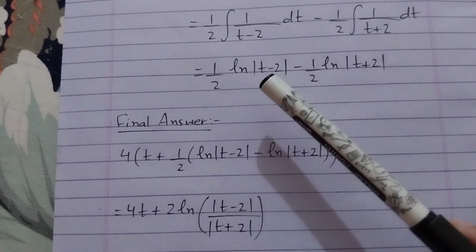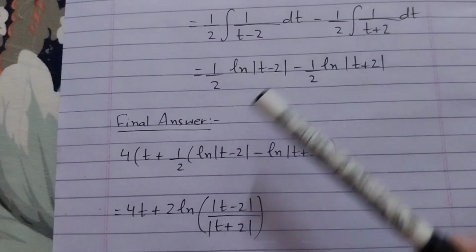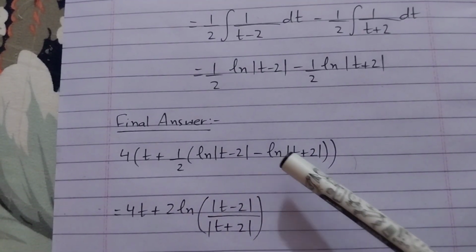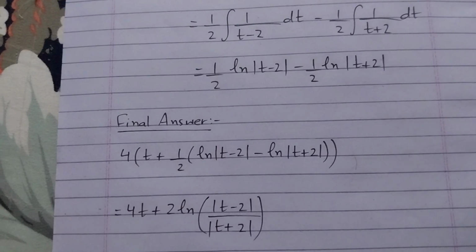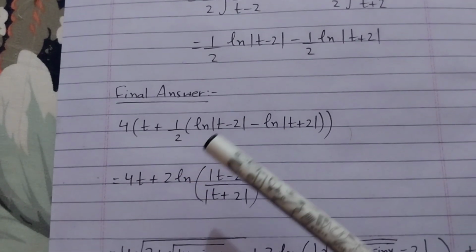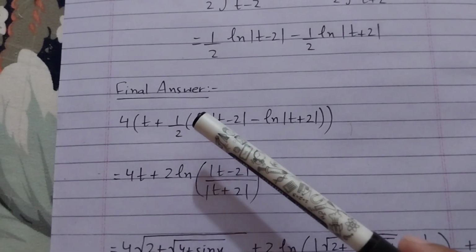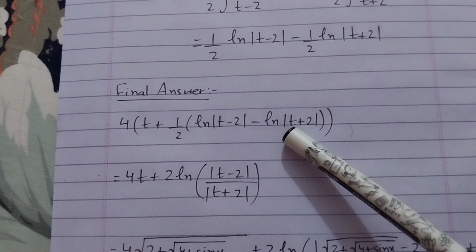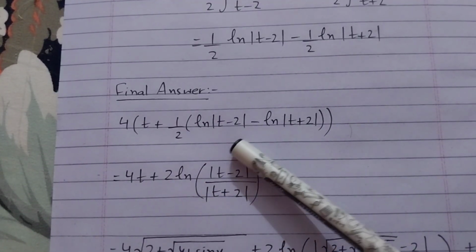So 1 over 2, I've taken 1 over 2 common from these two terms. So 1 over 2 times natural log of absolute t minus 2 minus natural log of absolute t plus 2. So as you can see, we have natural log of two things and they are being separated.